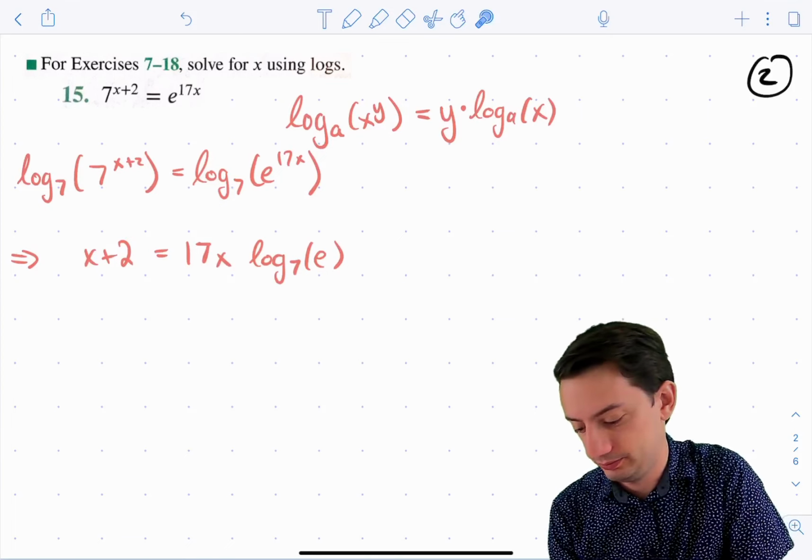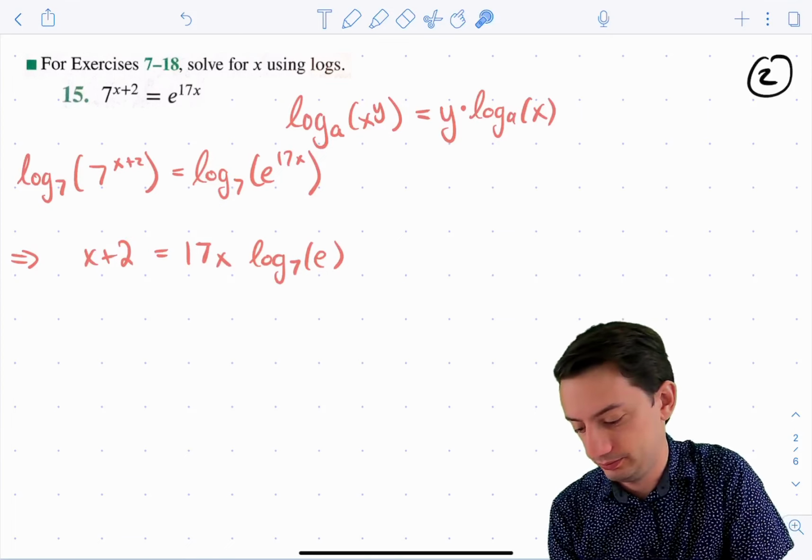And the whole reason that this was a good thing to do is that now we have x times a constant. Again, we don't know what it is without a calculator, but it's a constant, so we can just divide it over. And so we get our answer, at least in symbolic form. x is negative 2 divided by 1 minus 17 log base 7 of e.